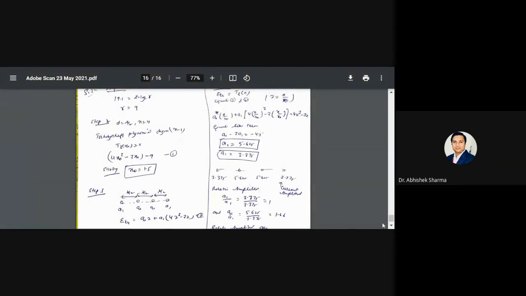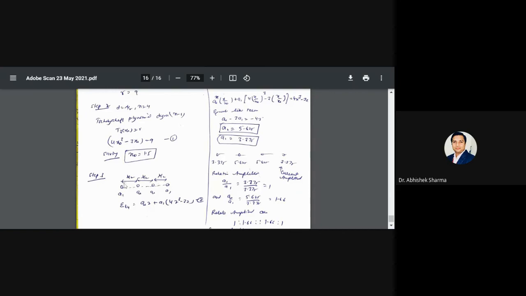So it means that in step 3 we have 4 elements which are lambda by 2 spaced and their amplitude variation is a naught, a naught, a1, a1. Because it is an even number of elements, ET4 is equal to a naught z plus a1 (4z cube minus 3z). So where have we got this from?